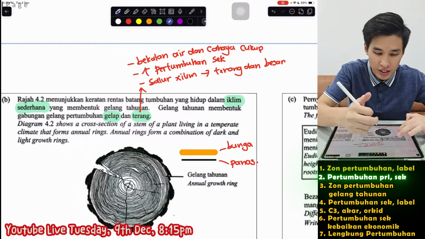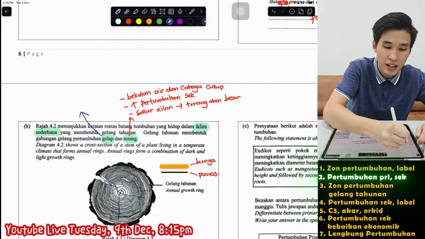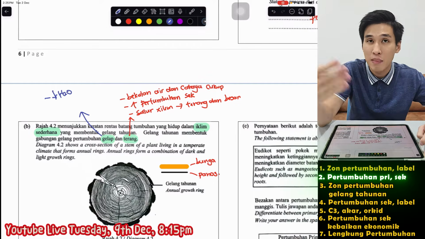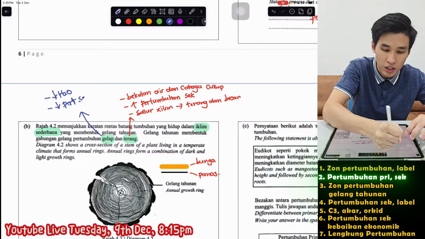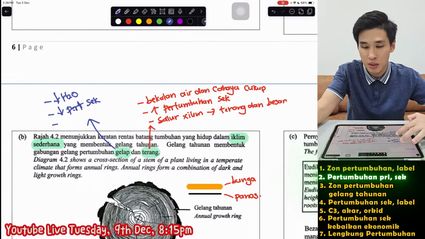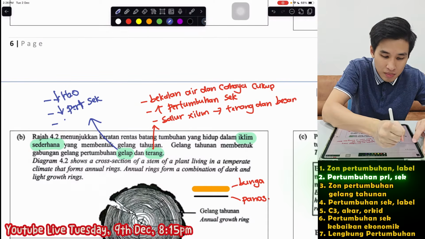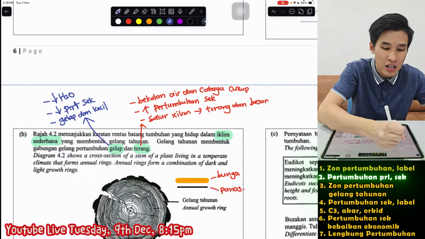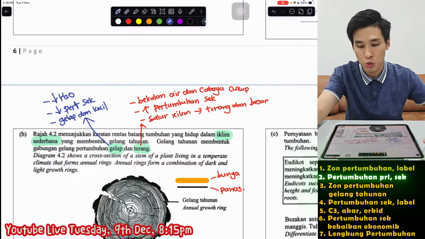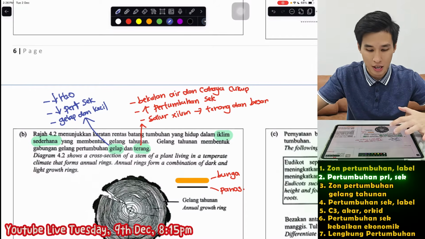So untuk yang gelap is because air tak cukup, kering, so bekalan air tidak cukup, so kurang pertumbuhan. I just write short form here, sekunder. And xylem terbentuk dia gelap dan also kecil. Okay, so that's how you explain. If dia tanya terangkan bagaimana gelang tahunan terbentuk, so you use the musim untuk jelaskan.